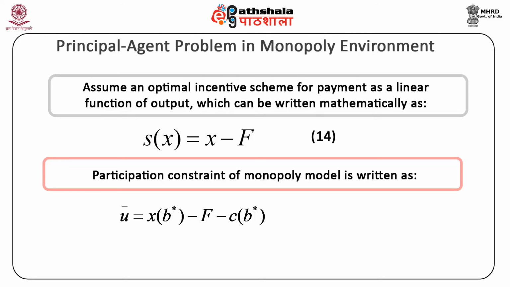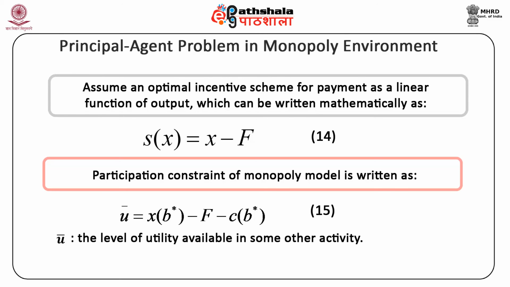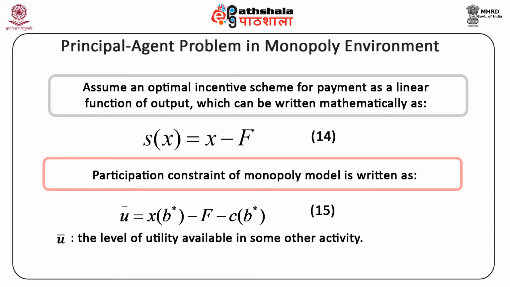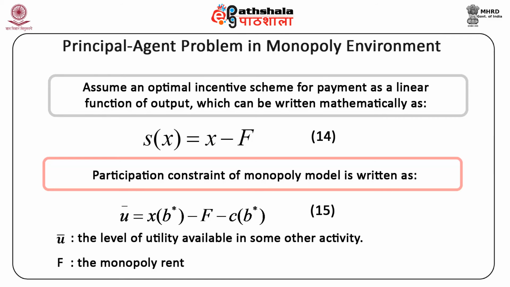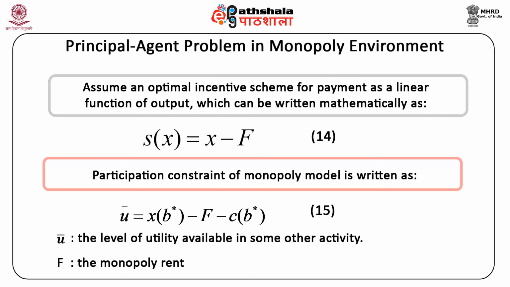This is equation 15, where U bar stands for the level of utility available in some other activity and capital F is the monopoly rent. In equation 15, U bar is exogenous to the model and capital F is determined from this participation constraint. However, this is inappropriate in competitive environment.